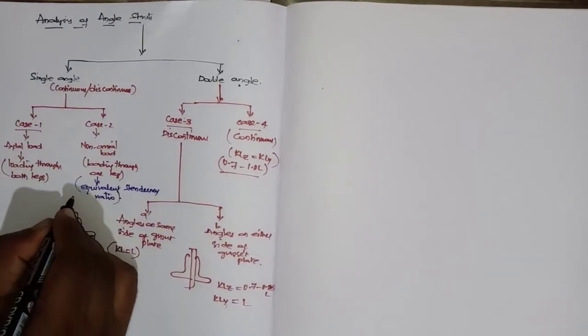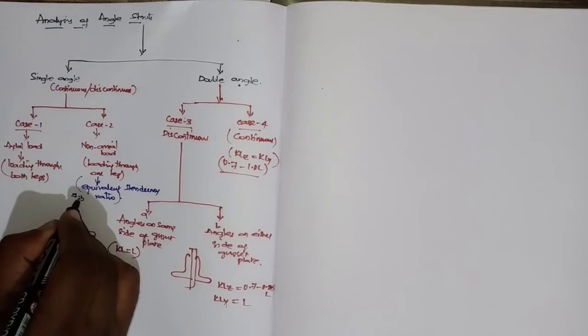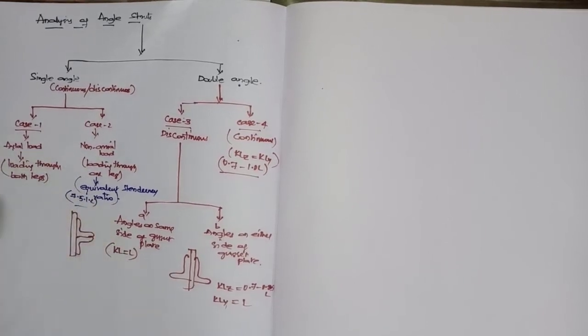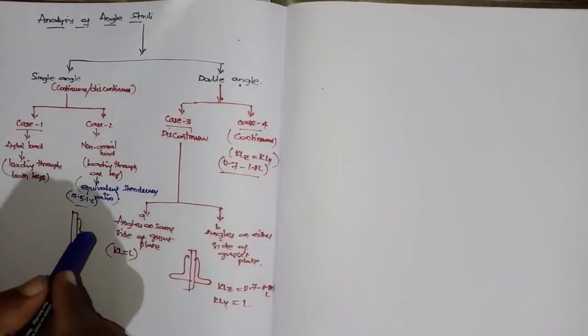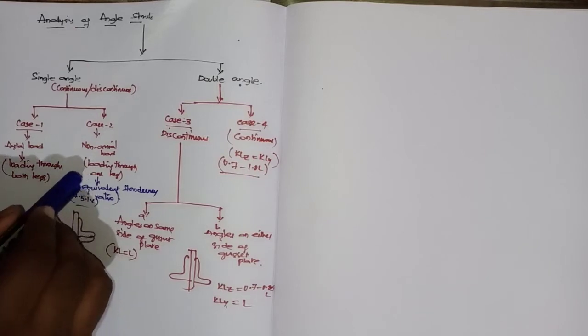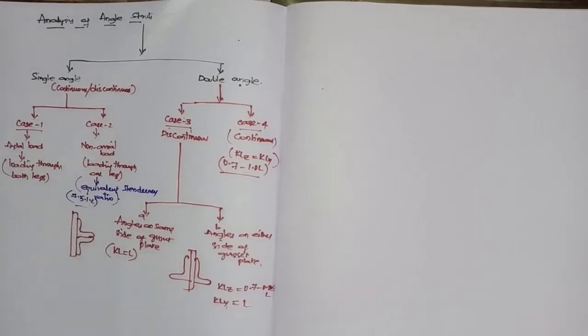This is as per clause 7.5.1.2, equivalent slenderness ratio. Next we'll see the procedure later after this complete explanation.